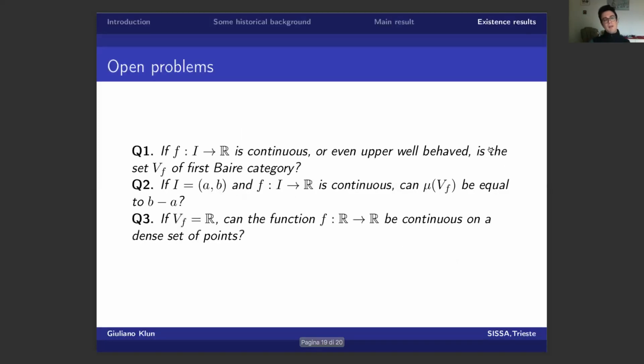To conclude, I want to stress three open problems that remain after this analysis. The first question is: if f, defined over the interval I, real valued, is continuous or even better behaved, is the set B_f of first Baire category? The answer is we don't know, because this proof is adapted to the case when A is totally disconnected and closed.